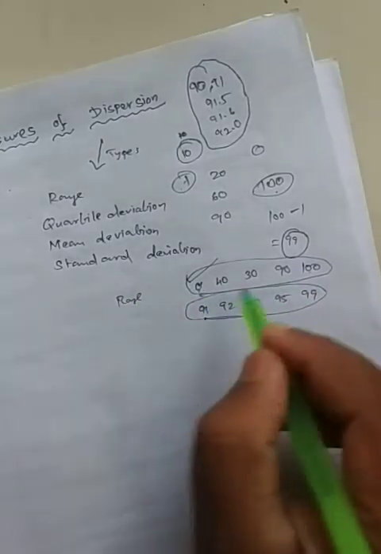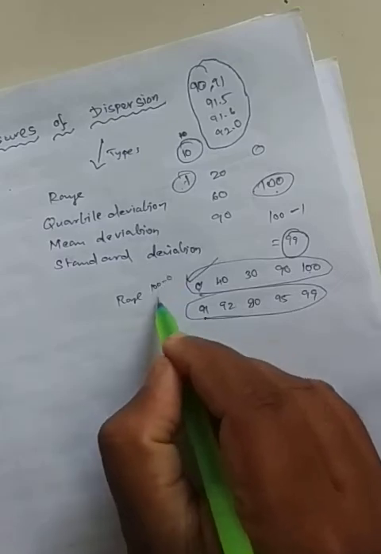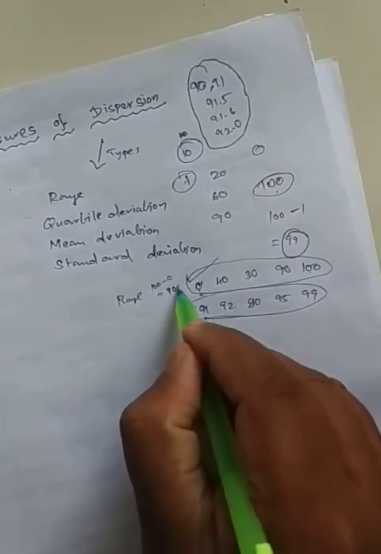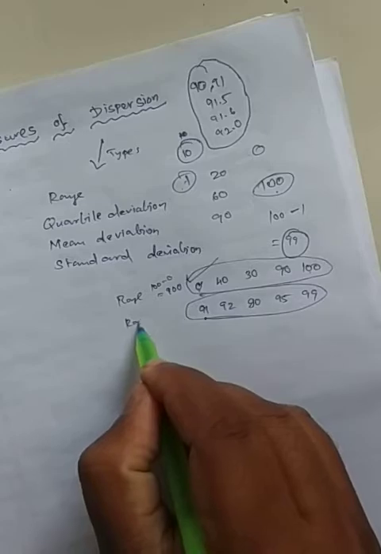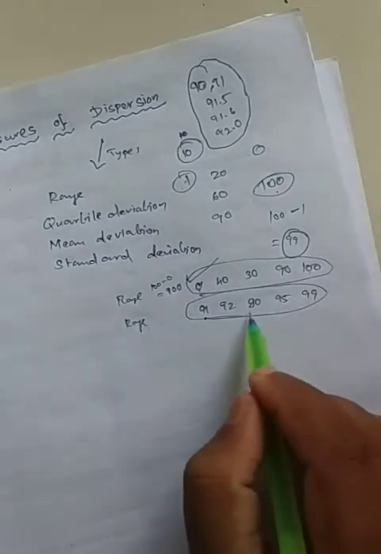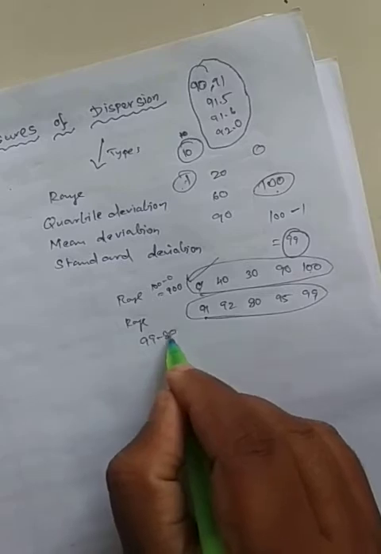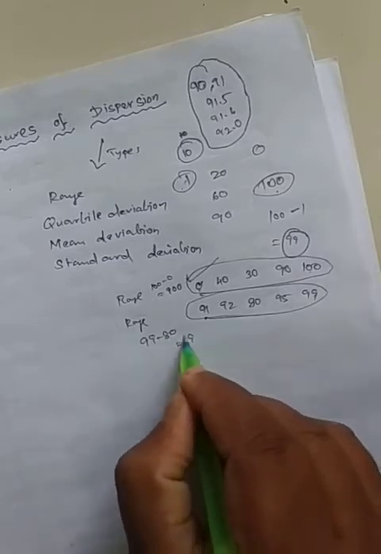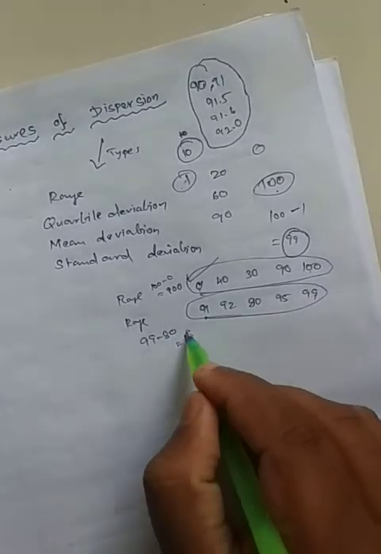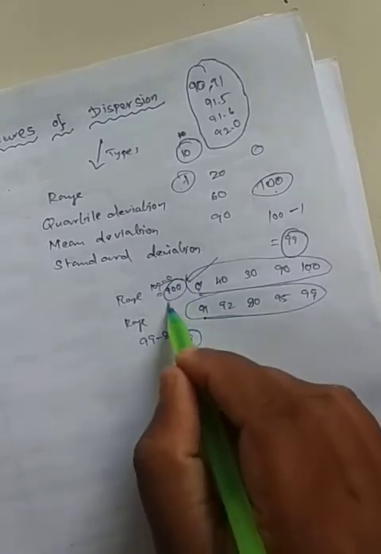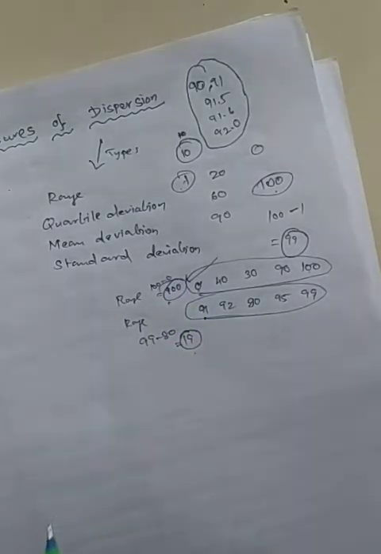Here you take the range: what's the largest value? 99, and the least value 80. So 99 minus 80, what will come? 19 marks will come. So here dispersion is more, here dispersion is less we can say.